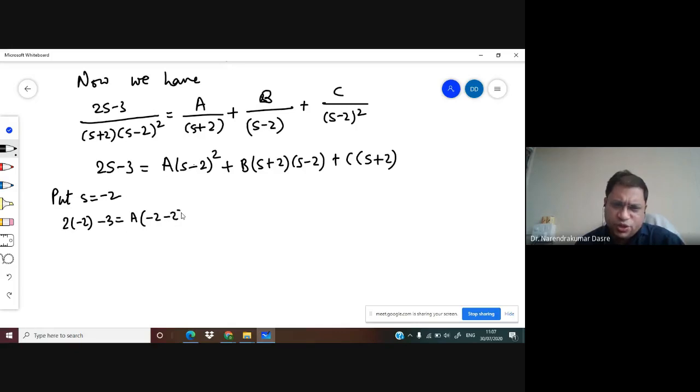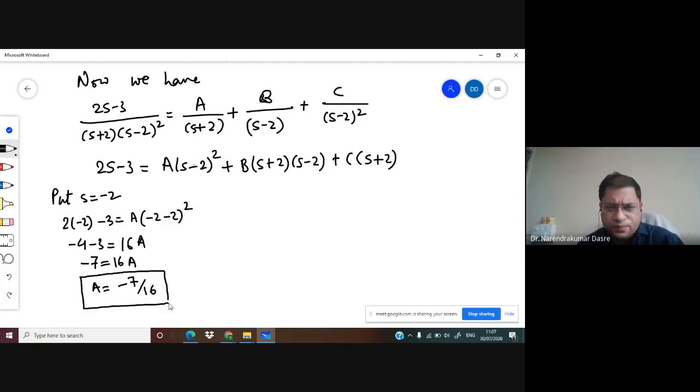Here I'll have minus 2 bracket square, so this becomes minus 4 minus 3, and here this term will be minus 4, and minus 4 square. So it is going to be 16a. And minus 7 is equal to 16a. So a is equal to minus 7 by 16.